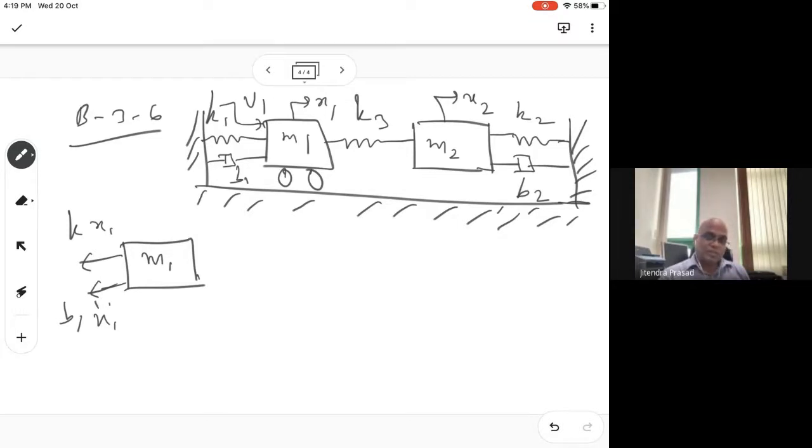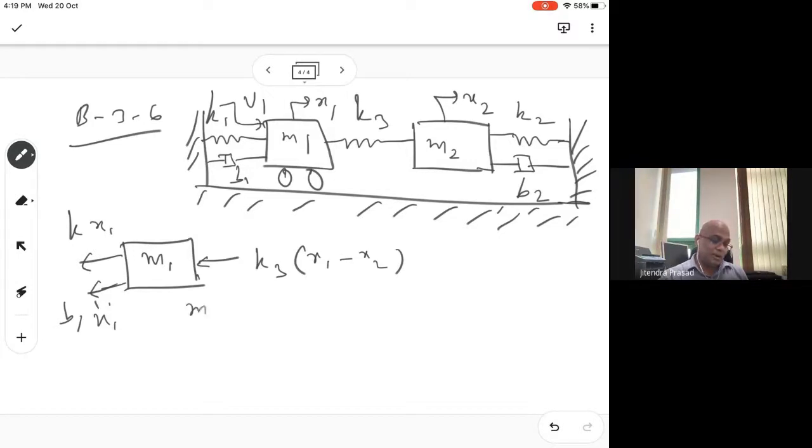There will also be a force because of this spring. Let us say x2 is very small and x1 is big, so this will be compressed, and because of compression it will push this way. So there will be force k3 times x1 minus x2.